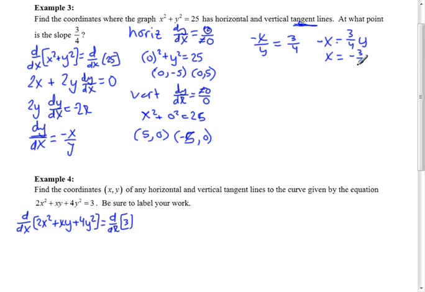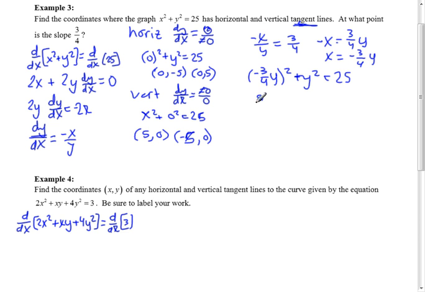When I'm trying to figure out a point, I need an x and a y coordinate. So I'm going to take this in and solve for the points. So instead of writing x, I'm going to write (negative 3/4 y) quantity squared, plus y squared equals 25.